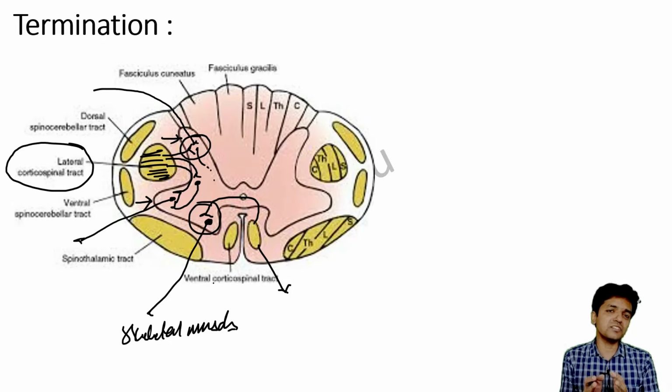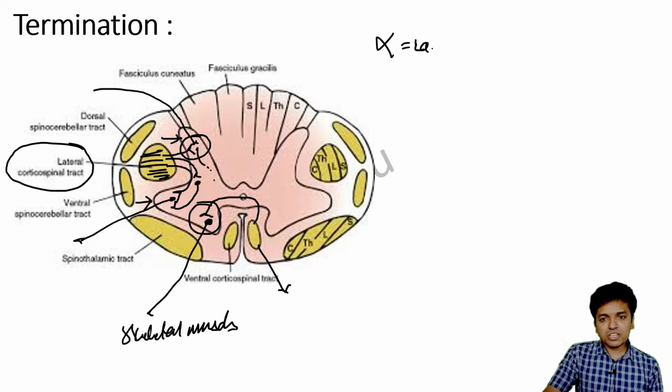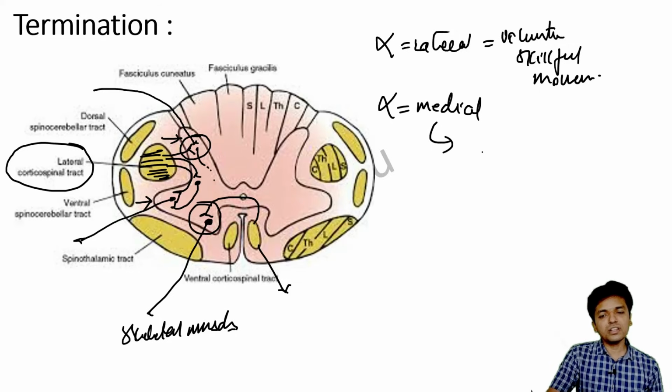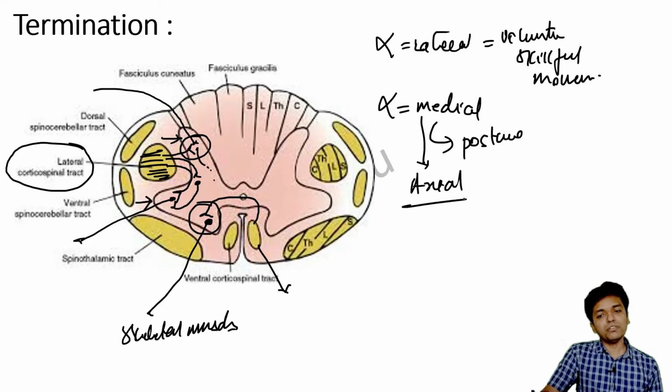Why do we have this division into lateral and medial groups of alpha motor neurons? The alpha motor neurons in the lateral group are concerned with voluntary skillful movements. The alpha motor neurons in the medial group are concerned with the maintenance of posture, and hence supply the axial group of muscles.